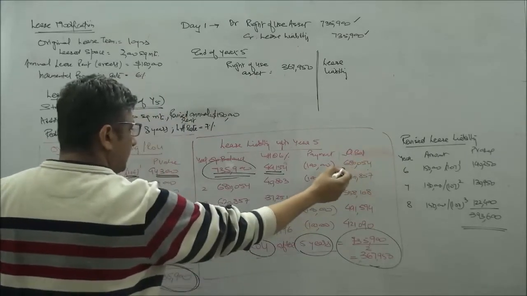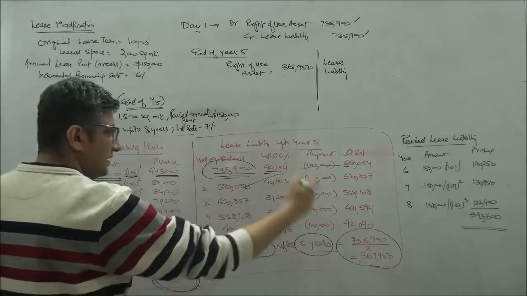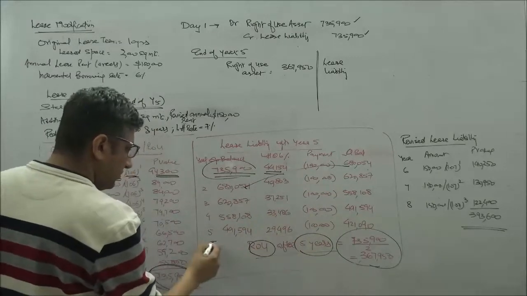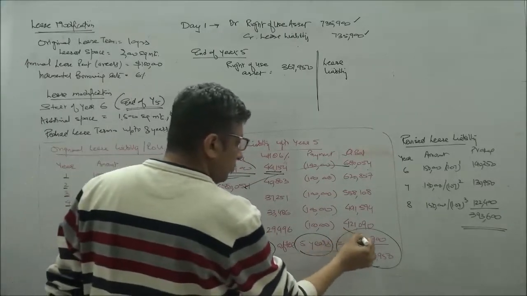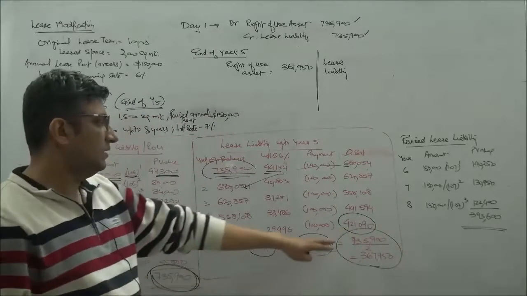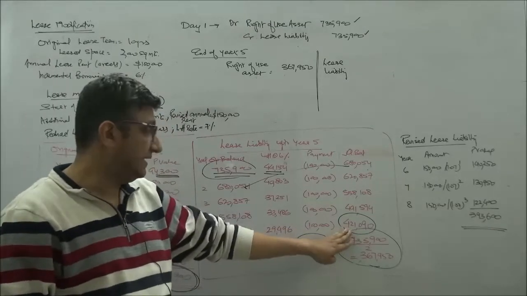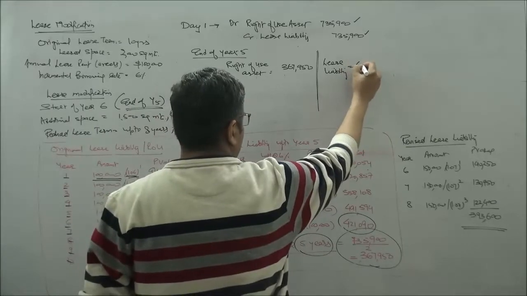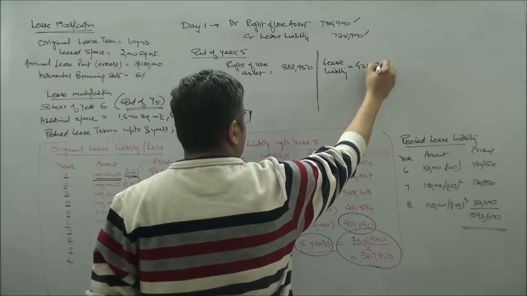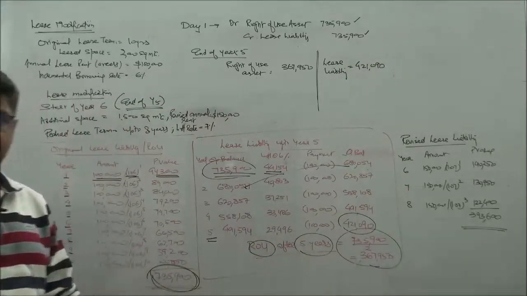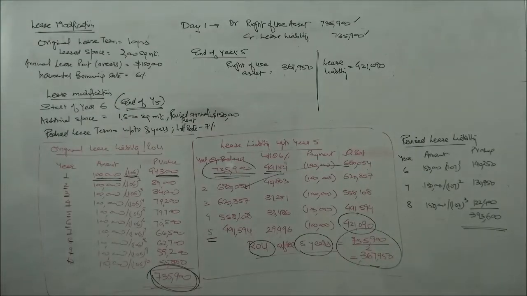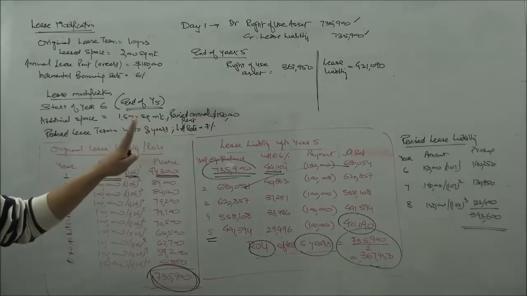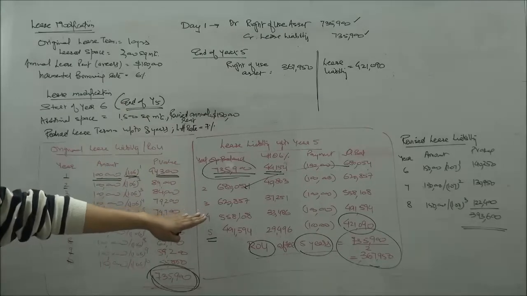This closing balance becomes, of course, the opening balance in the next year, and I keep on doing it up to year 5 to arrive at my lease liability at the end of year 5, which is measured at 421,090.